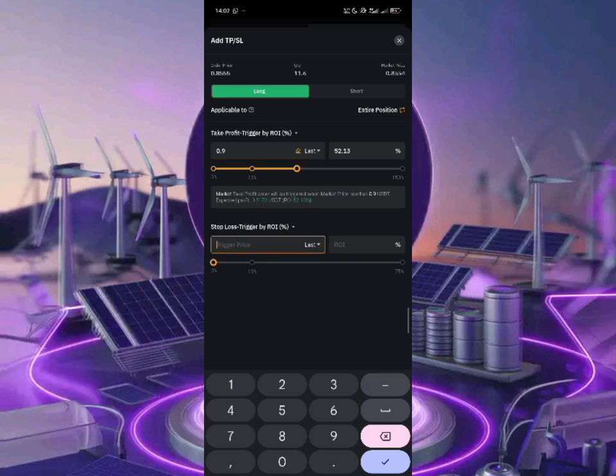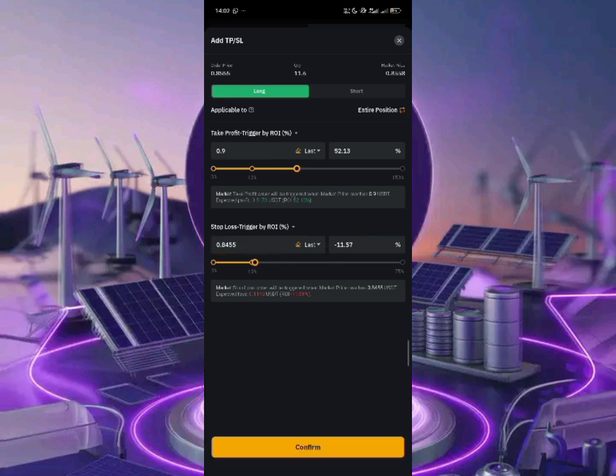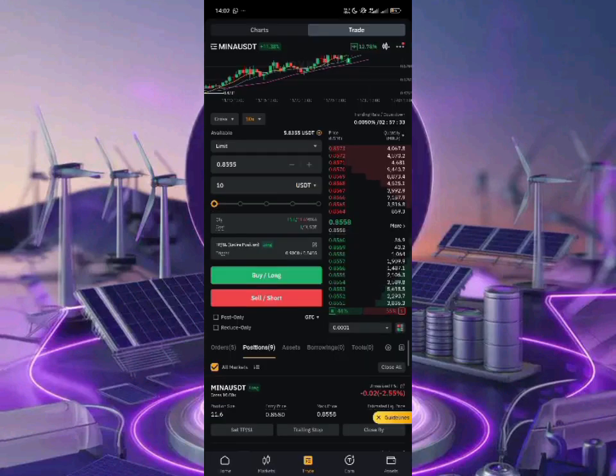Now you can use a stop loss, let me say 0.8455. That means if this coin gets lower to 0.8455, we are going to be losing $1.14 on the trade. This is how you set your take profit and stop loss.